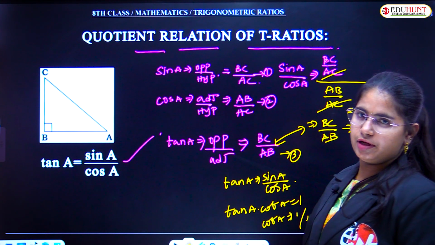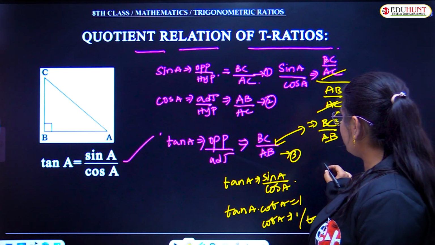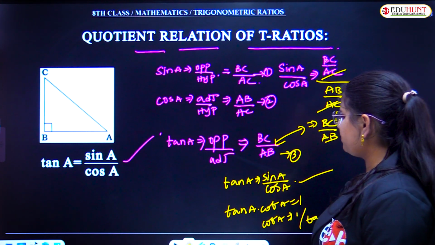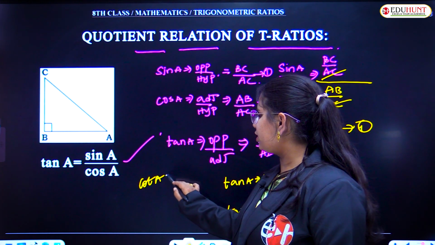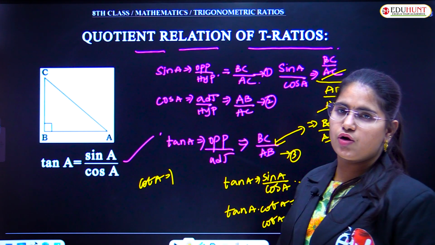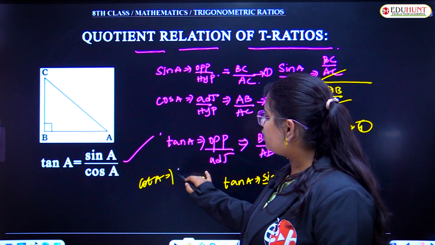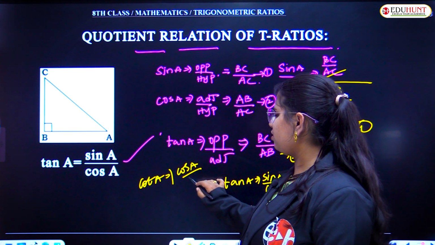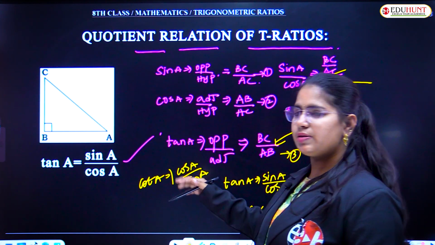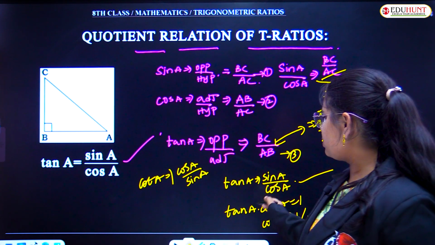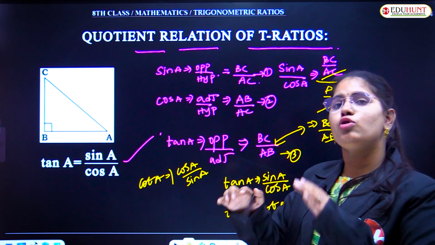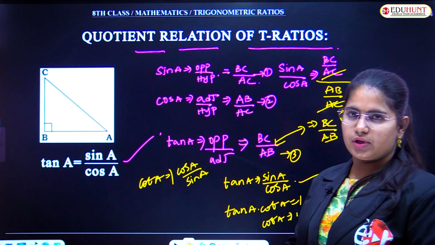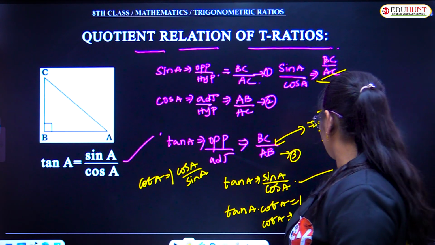So from this relationship, how will you define cot A from the same triangle? If tan A is sin A by cos A, cot A will become cos A by sin A. Simple. Which is a reciprocal function of tan. Understood? Yes. So we'll begin.